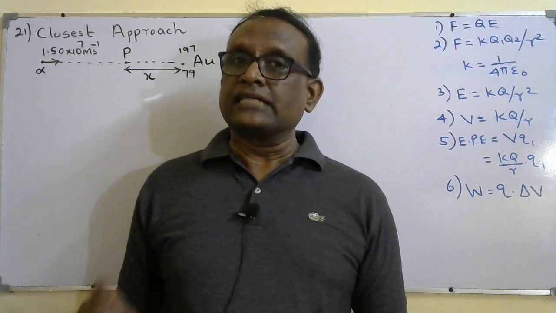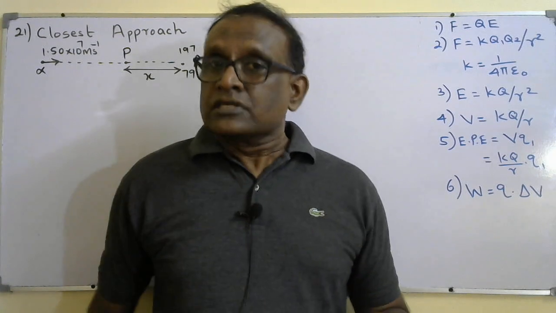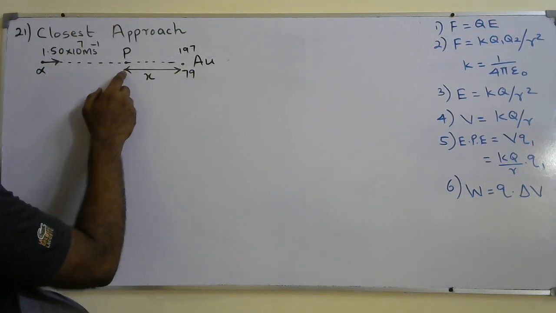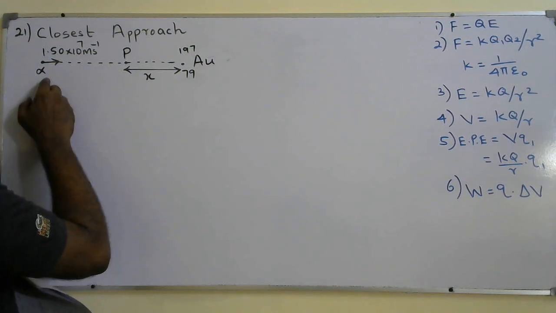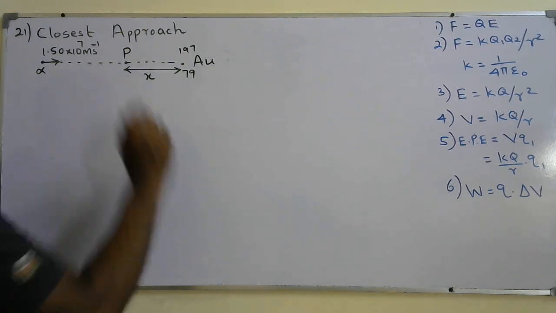A positively charged alpha particle moving from lower potential to higher potential is going to lose kinetic energy. So the question is, what could be the closest approach, the closest distance reached by the alpha particle from the gold nucleus? I need to find the distance x.